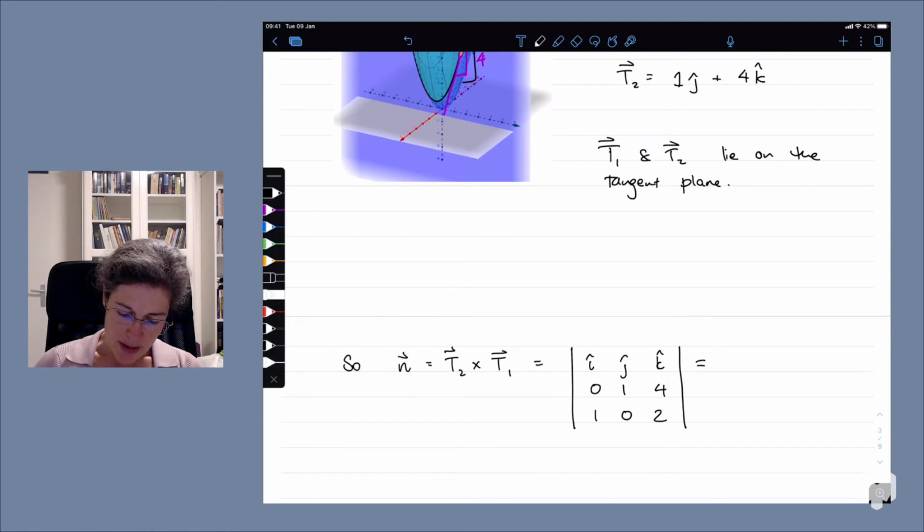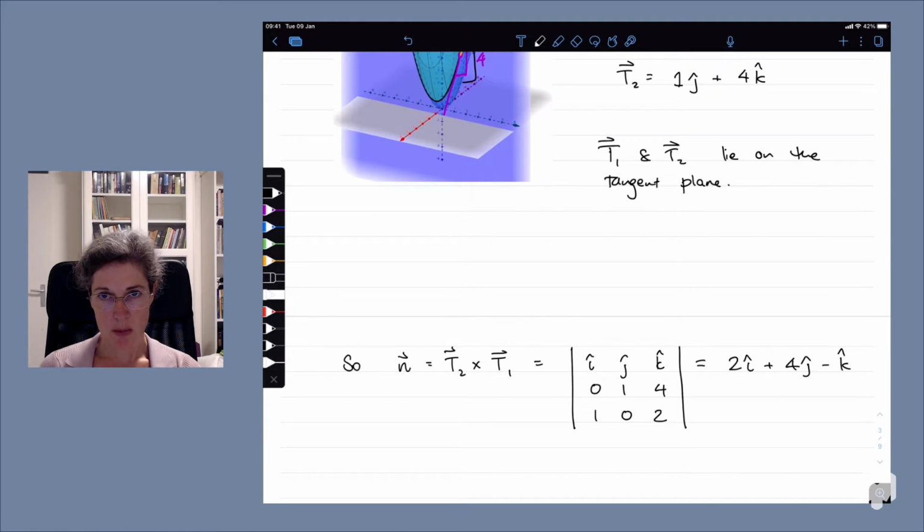And if I multiply this out, I will get 2i hat plus 4j hat minus k hat. Okay, so this tells me that my normal vector to the plane that I'm interested in is given by this over here. So we're going to hop over to GeoGebra and just check what this all looks like.